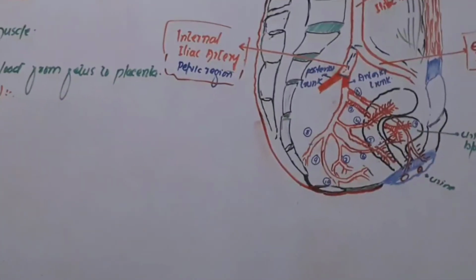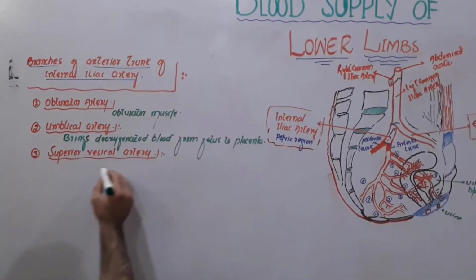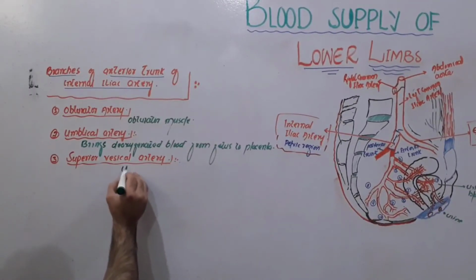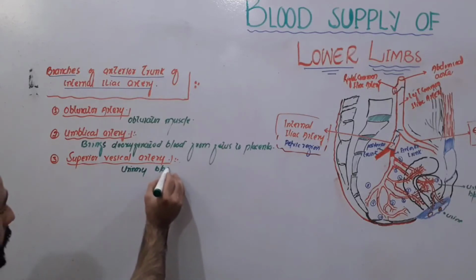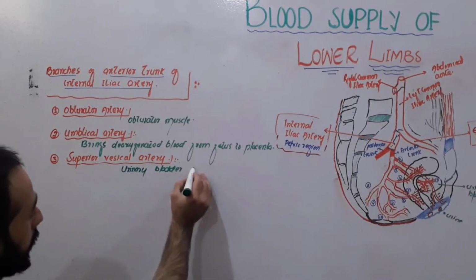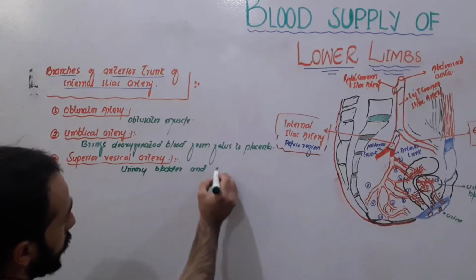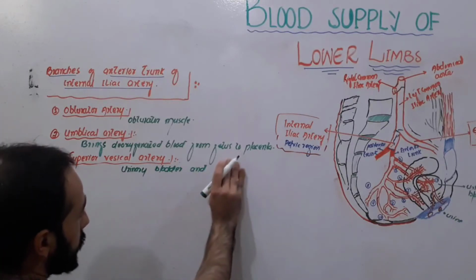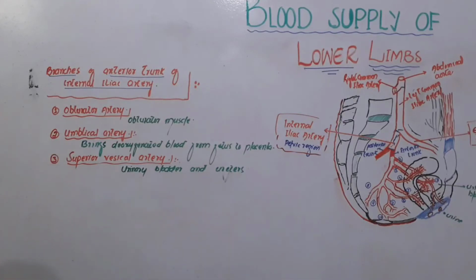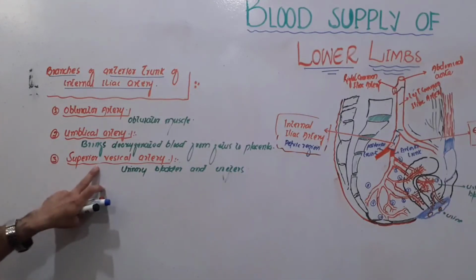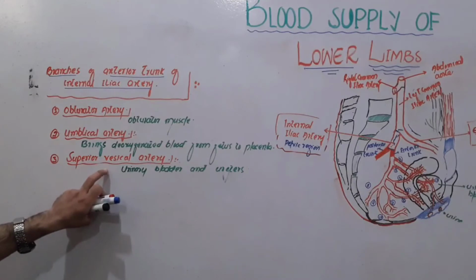So these superior vesical arteries supply blood to the urinary bladder and distal parts of the ureters. This was about our superior vesical artery.